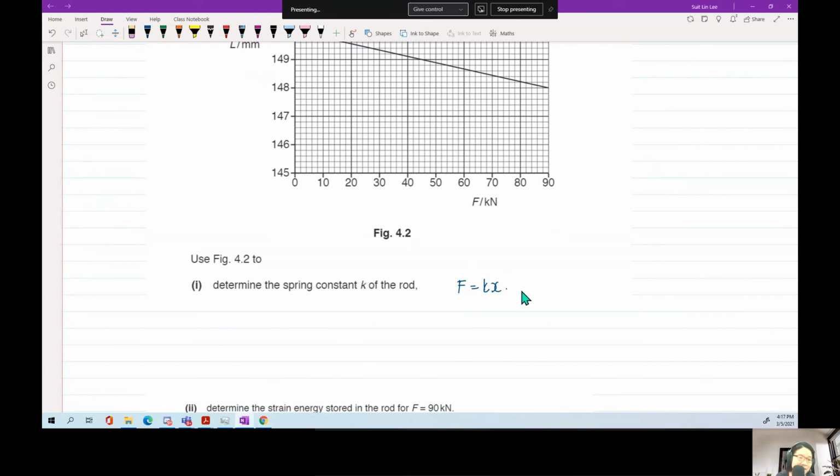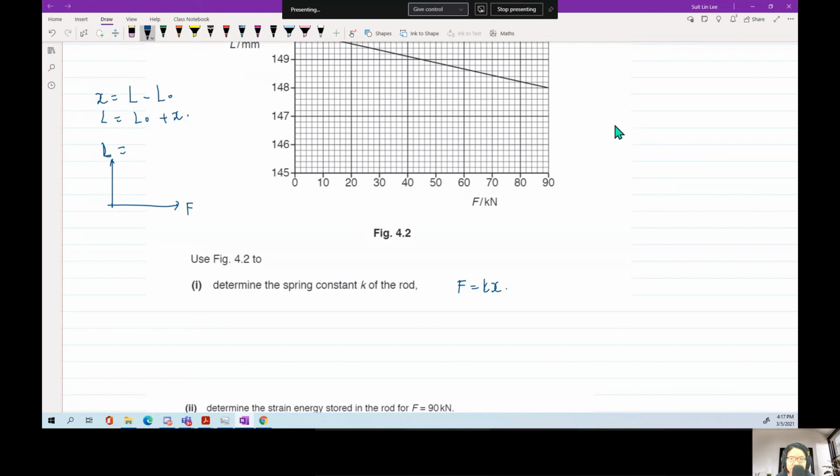So you have F is equal to Kx, but this graph is L against F. If you want to find extension x, you will take L minus L naught. So this L will be equal to L naught plus extension.